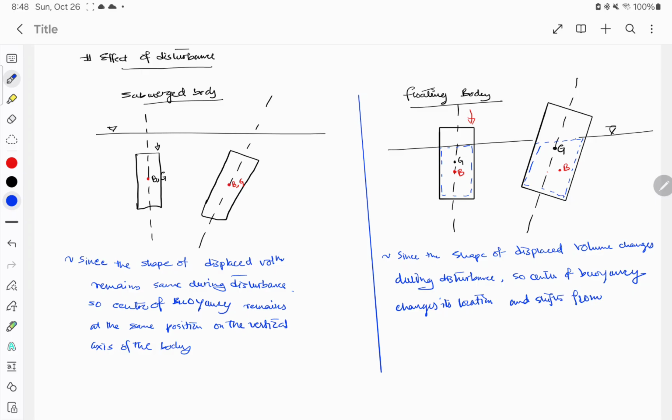It has left the vertical axis. Initially, both center of gravity and buoyancy were on the same vertical axis. Here in the submerged body case, they are on the same vertical axis.